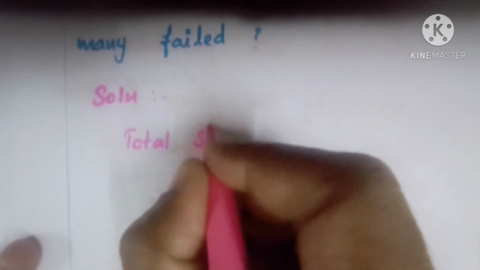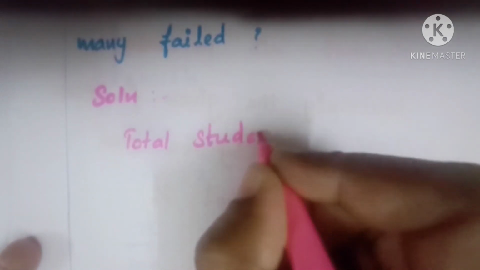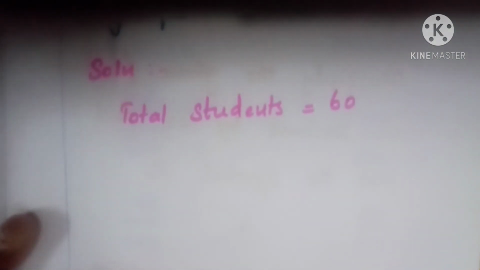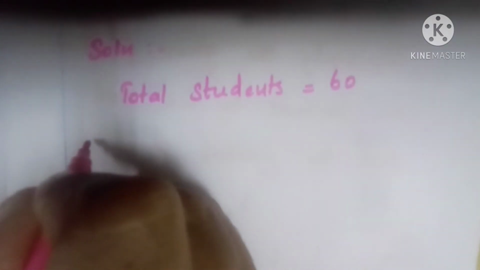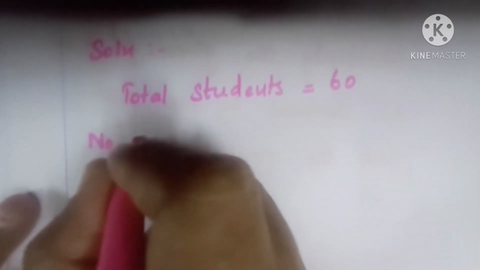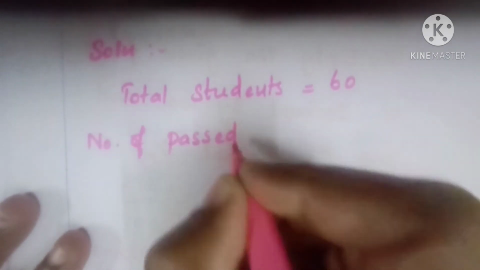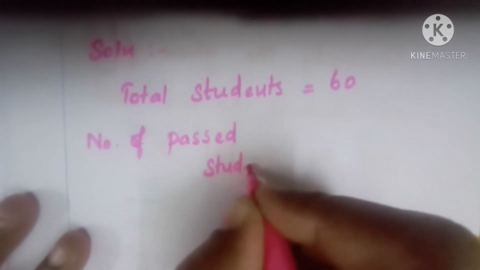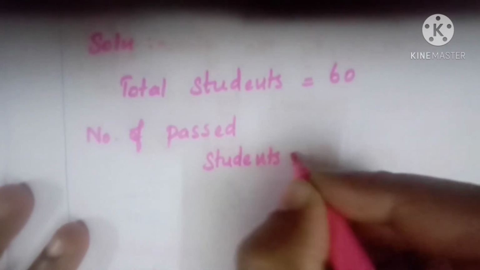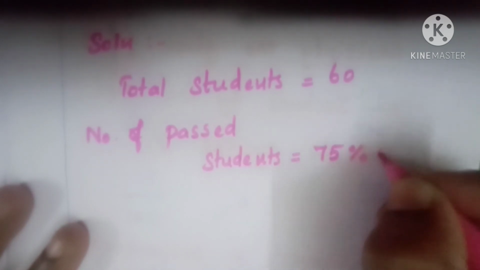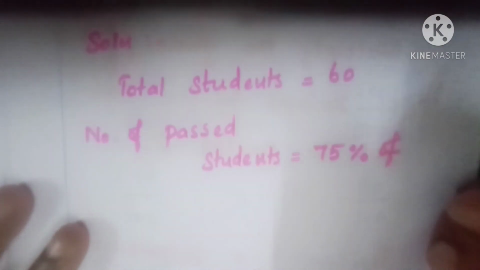Total students is equal to 60 and 75 percentage of them passed. So the number of passed students is equal to 75 percentage of that 60 students.